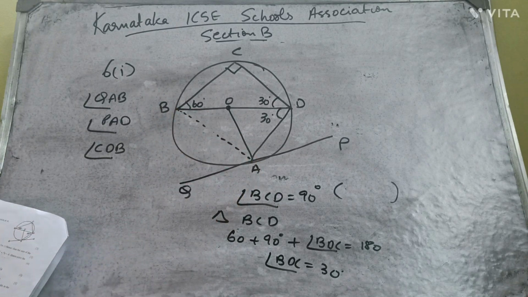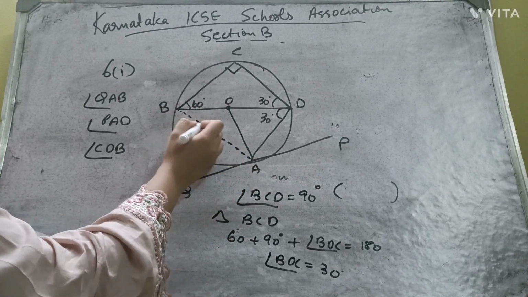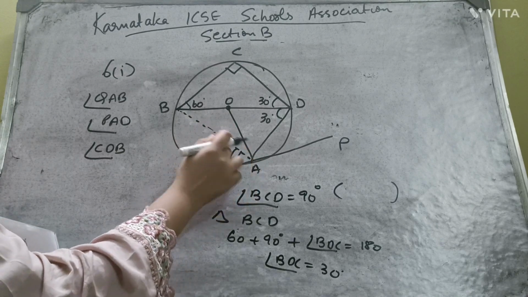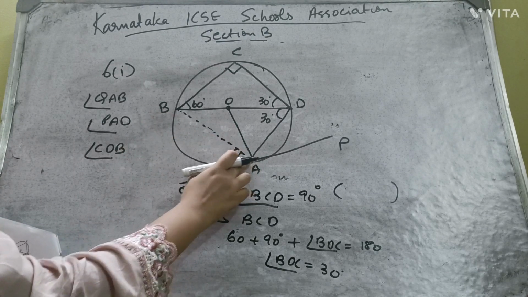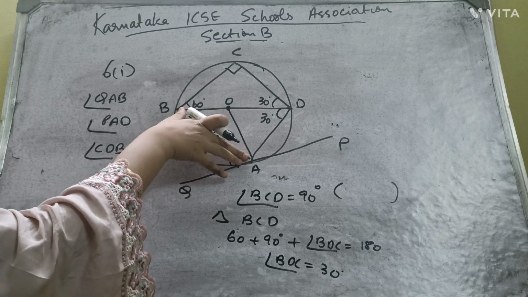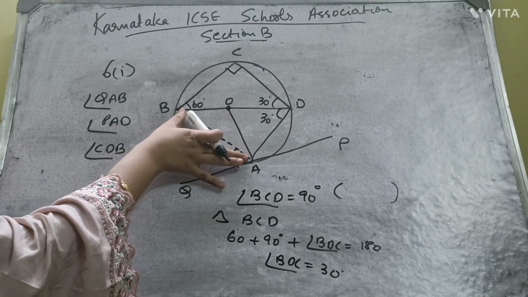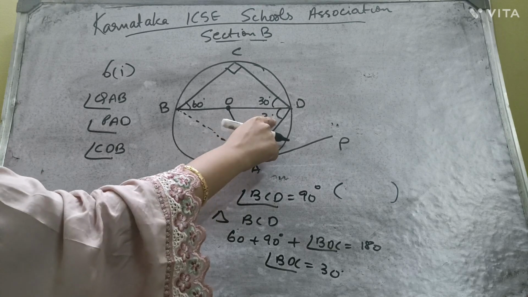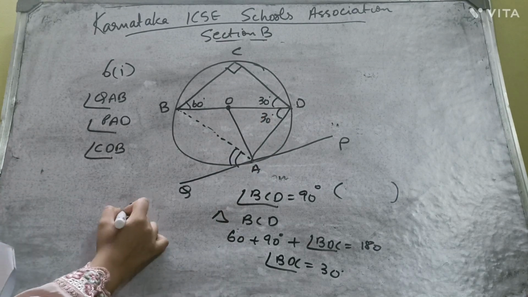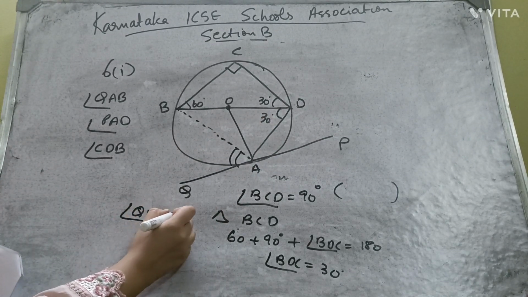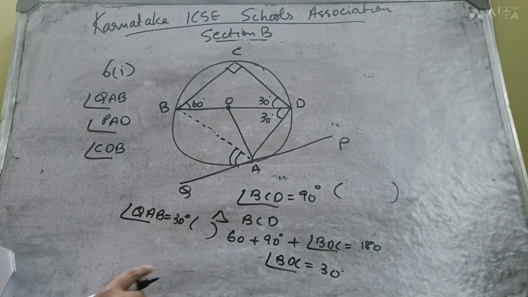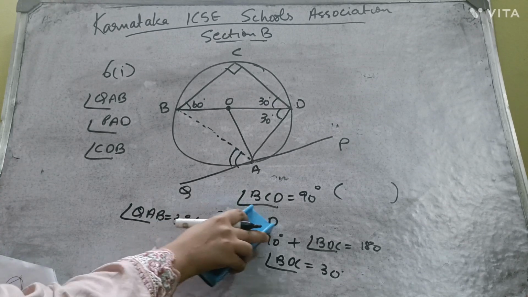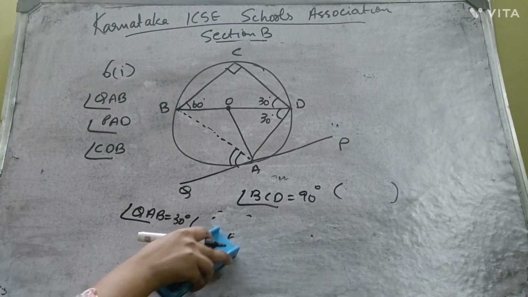They are asking QAB. So we need to connect this. QAB is this angle which is made between a chord and a tangent, which should be equal to the angle made by the same chord in the alternate segment. So this will be equal to this angle, that is 30 degrees. So angle QAB will be 30 degrees.